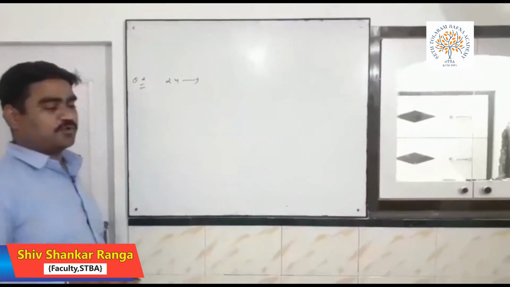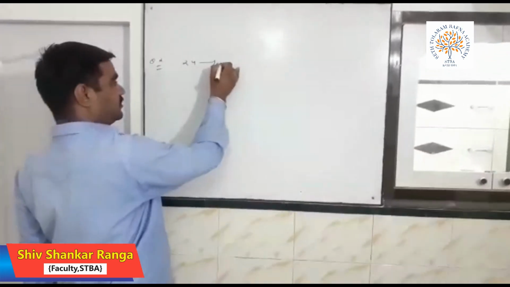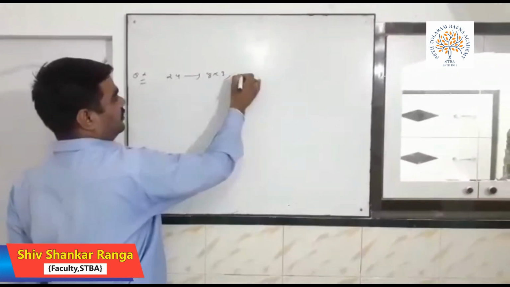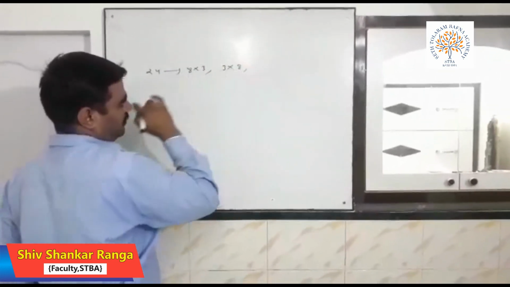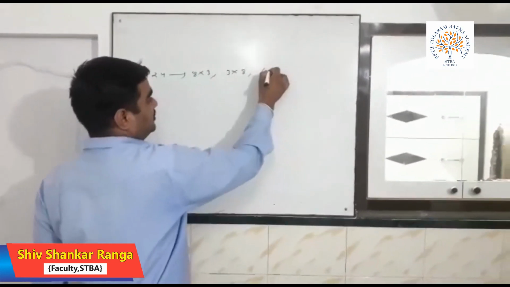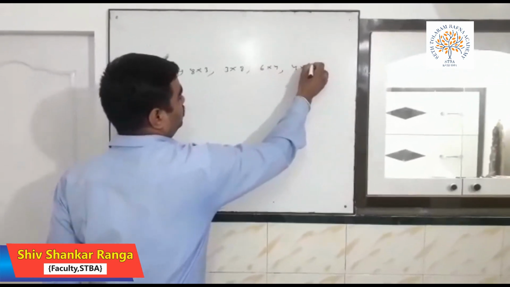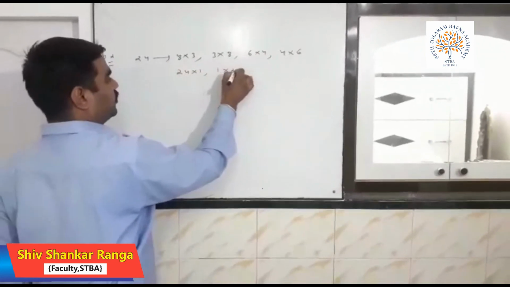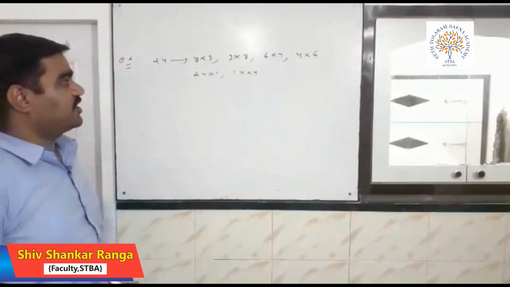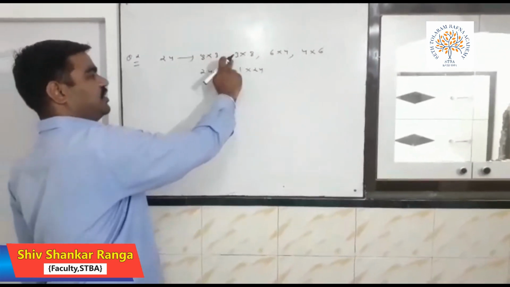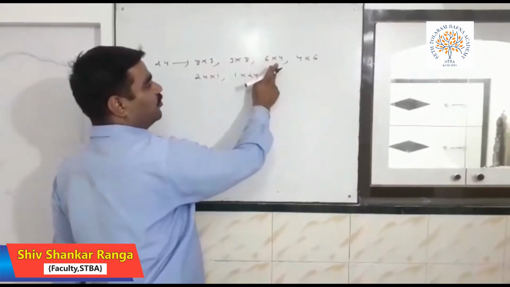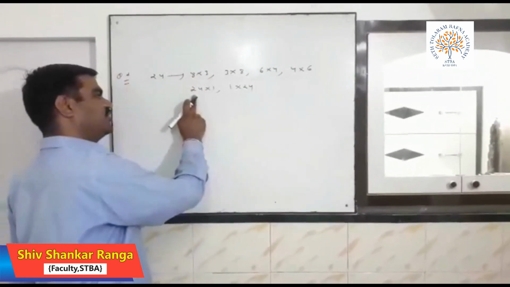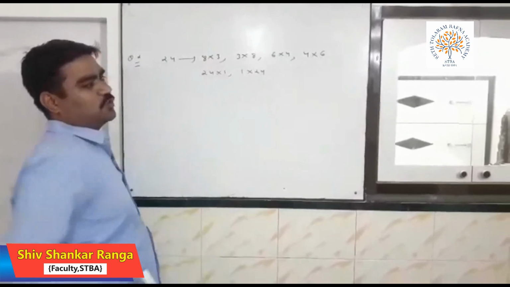24 elements, then possible orders are 8 into 3, 3 into 8, 6 into 4, 4 into 6, 24 into 1 and 1 into 24.